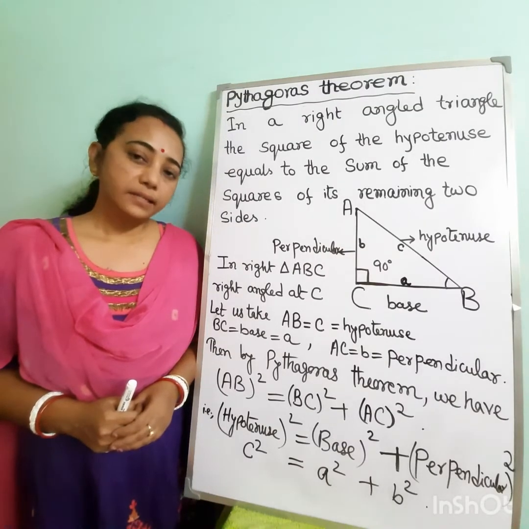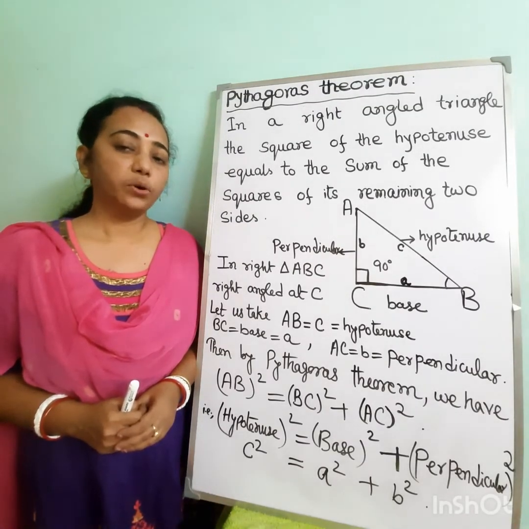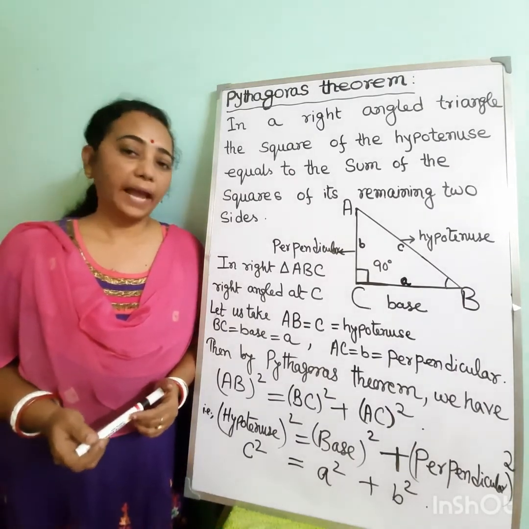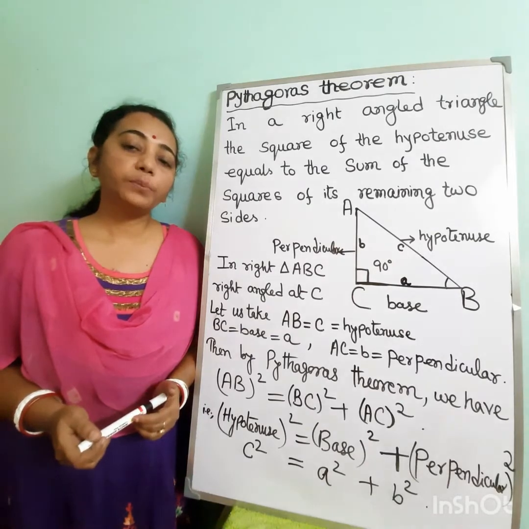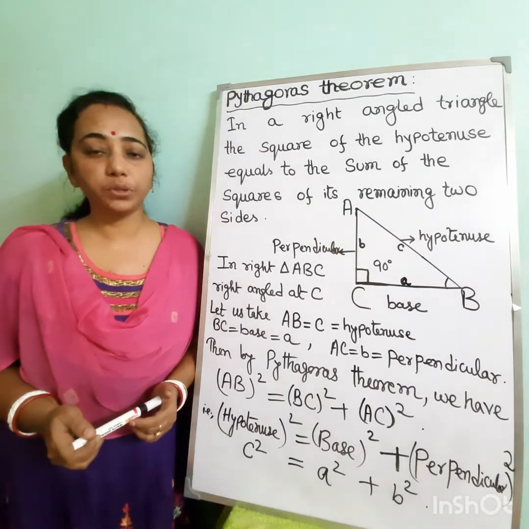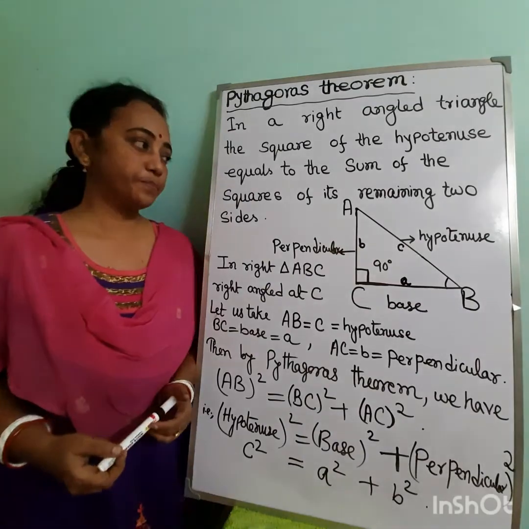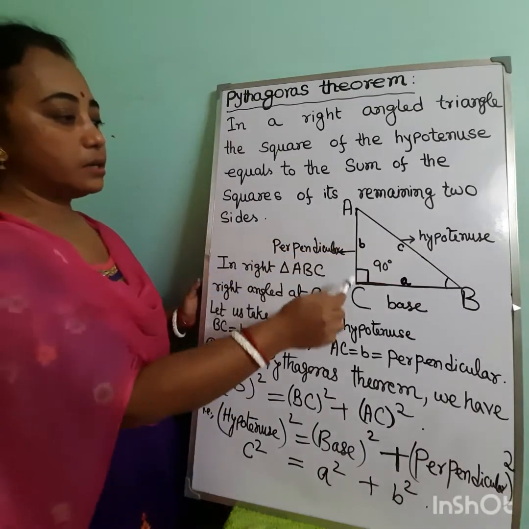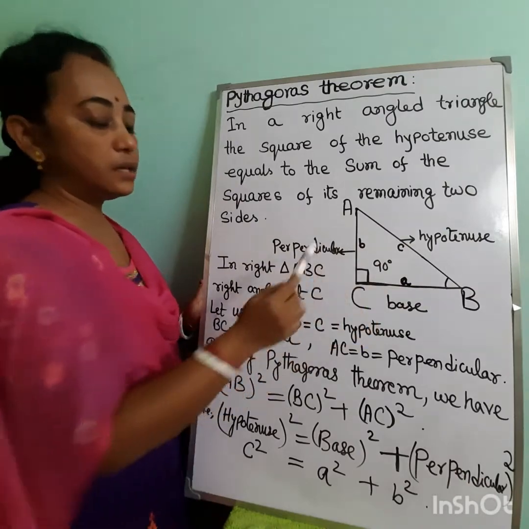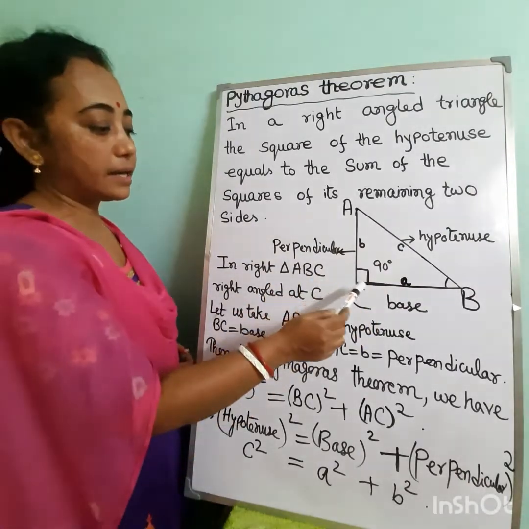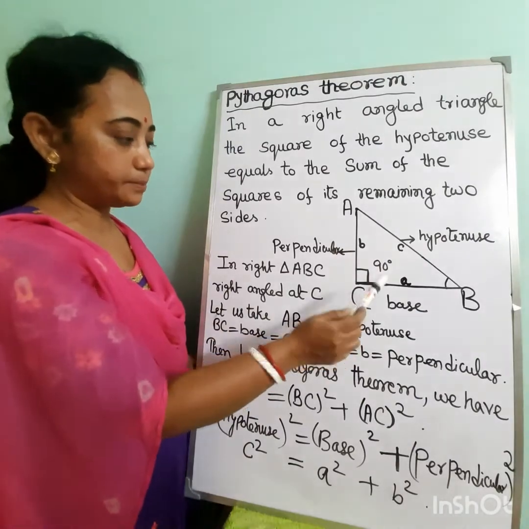Now let us discuss the Pythagoras theorem. According to the Pythagoras theorem, in a right angle triangle, the square of the hypotenuse is equal to the sum of the squares of its remaining two sides. Now look at this figure. Here triangle ABC is a right angle triangle with right angle at C, that is angle C is equal to 90 degrees.